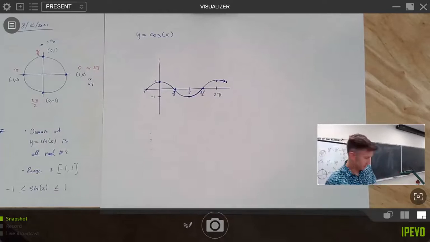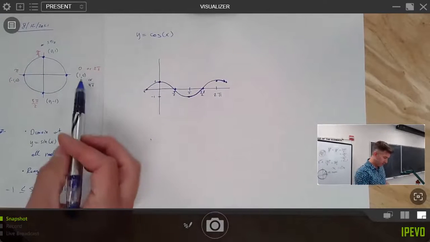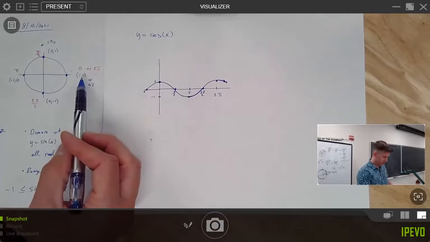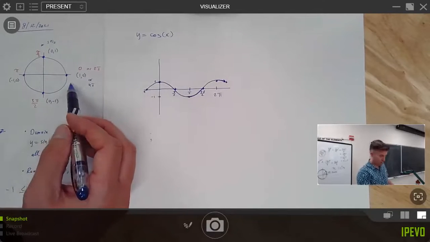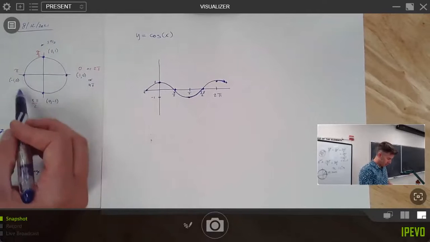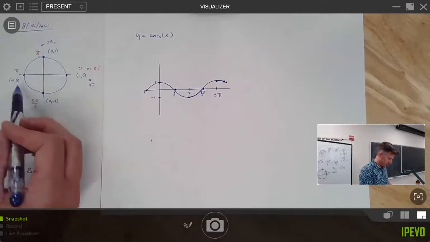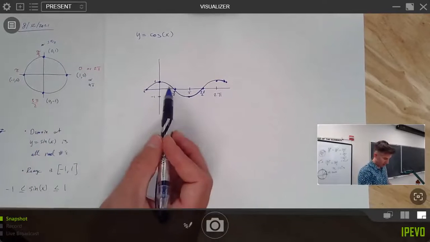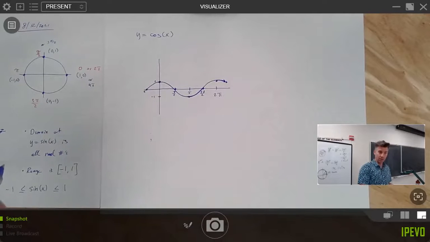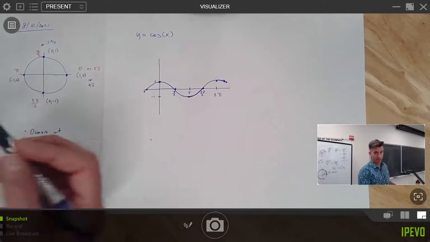Something else I will say is that looking back at the unit circle, the x coordinate, which is cosine, always alternates between a 1 and a 0. 1, 0, -1, 0, 1, 0, -1, 0. So it's always going to be a 1, which is a top, and then a middle, which is a 0, and then a -1, which is a bottom, and then a 0, which is the middle.